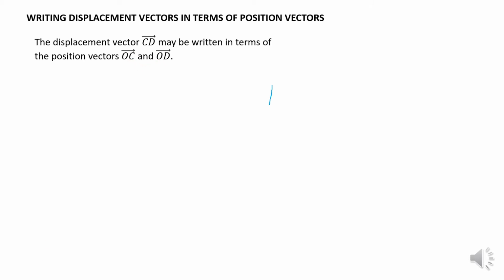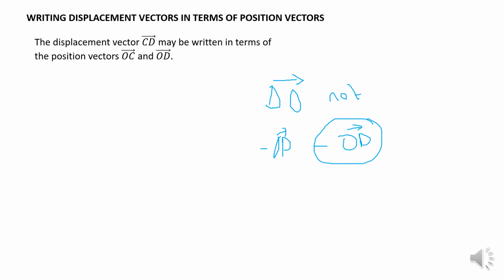In order for you to make this a position vector, you are going to have OD with a minus in front. So you're going to have a minus OD in order for it to be a position vector. In this particular case, it is not a position vector if it is given as DO. It has to be starting from O, and then the next one is obviously your D.